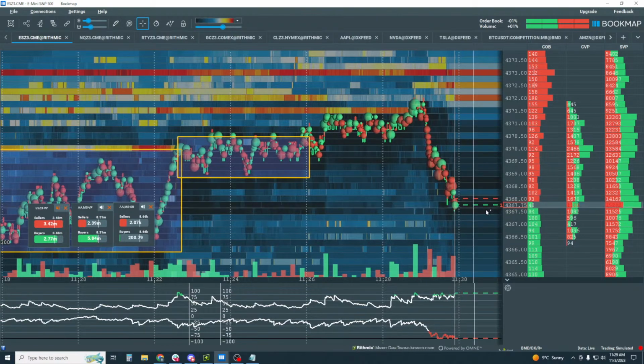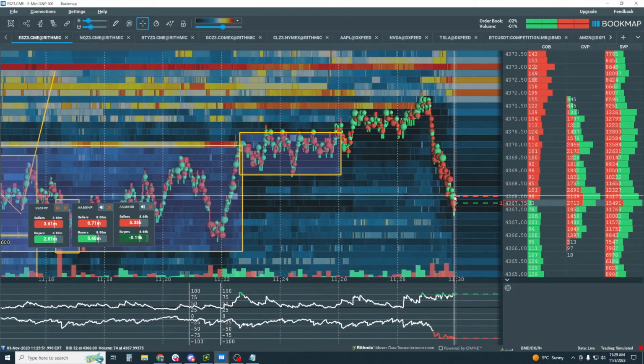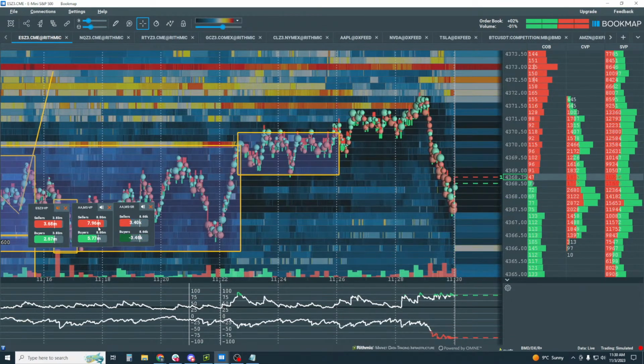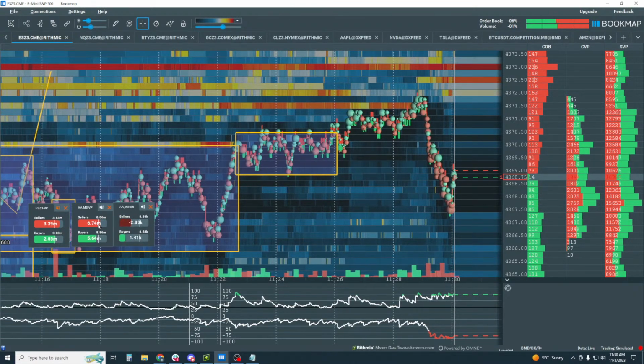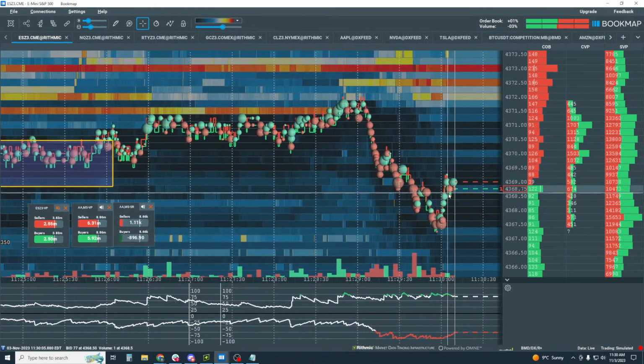Okay, beautiful move right down to it. And then let's see if they can continue here. Looks like it. Everything's selling off here. Interesting. It's showing selling off, and we see this really quick spike back up.